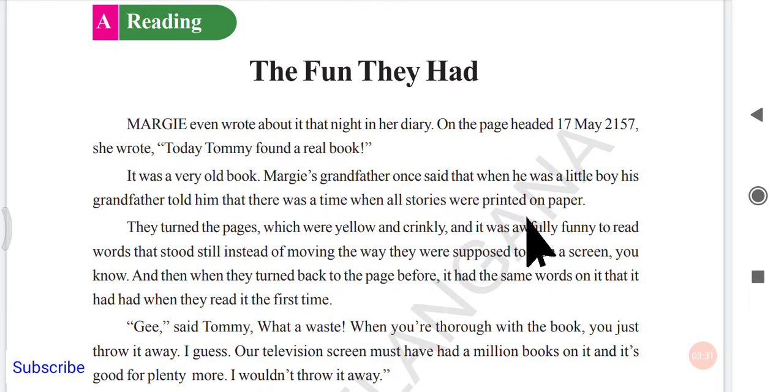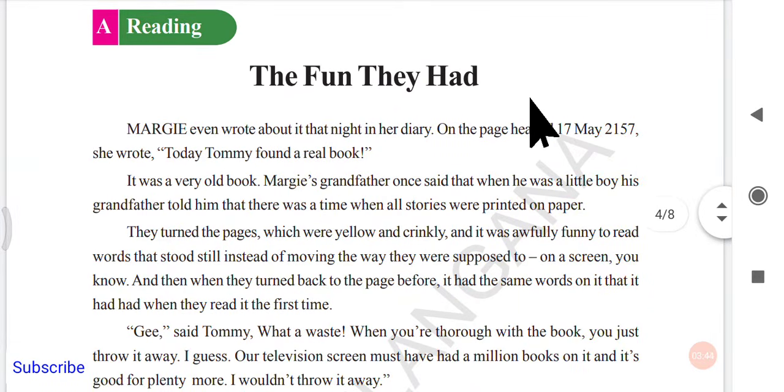Right now we are in 2020, but this lesson has been written with the ideas of the year 2157.